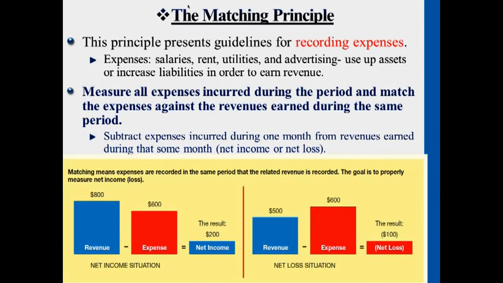Okay, matching principle guides accountants to record all of these expenses, the costs that happened during a certain period of time. As long as it happens within this period of time and it relates to the revenue that you generated within this period of time, it all has to be accumulated and captured and matched against the revenue that you recorded.